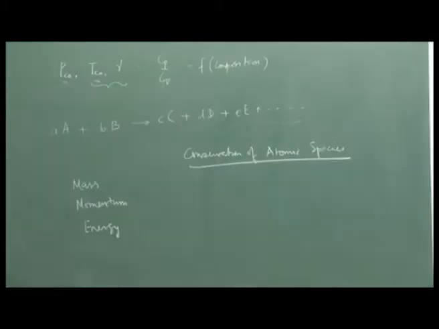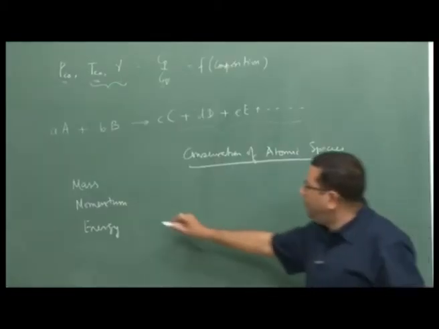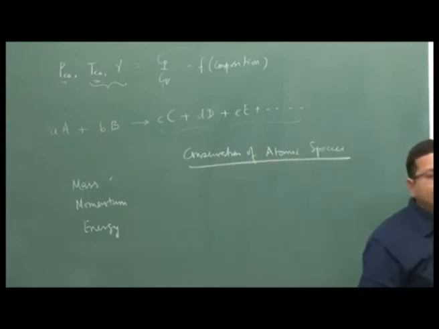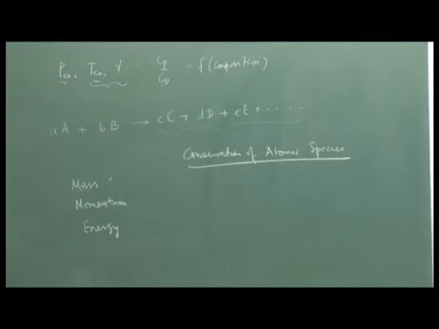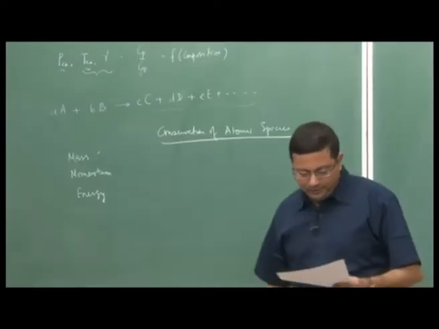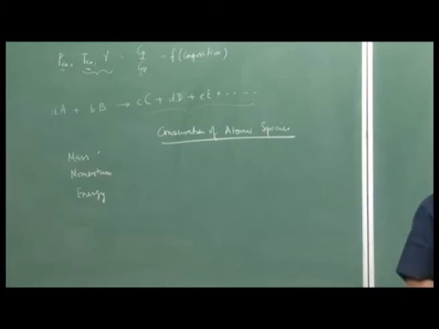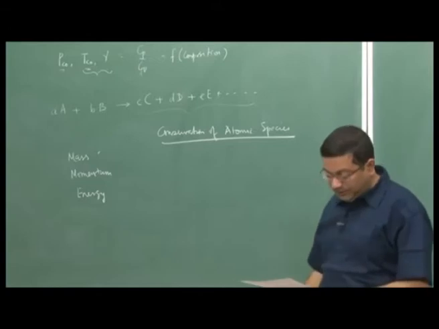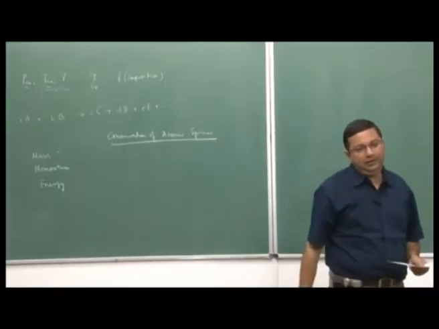Okay. We have seen the conservation of mass. We say that the mass coming into the control volume is equal to the mass leaving the control volume, as long as there is no accumulation of mass. But the number of atoms of an atomic species must also be conserved particularly in a chemical reaction.